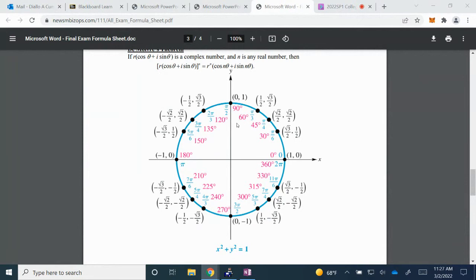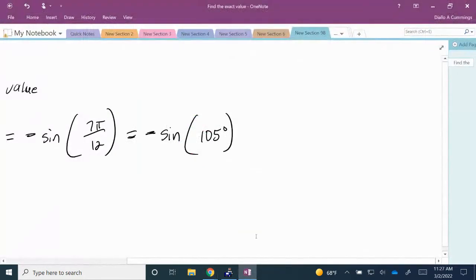In this instance, I'm going to use the 60 degree angle and a 45 degree angle, because 60 plus 45 is equal to 105. So I'm going to rewrite this as negative times the sine of 60 degrees plus 45 degrees.